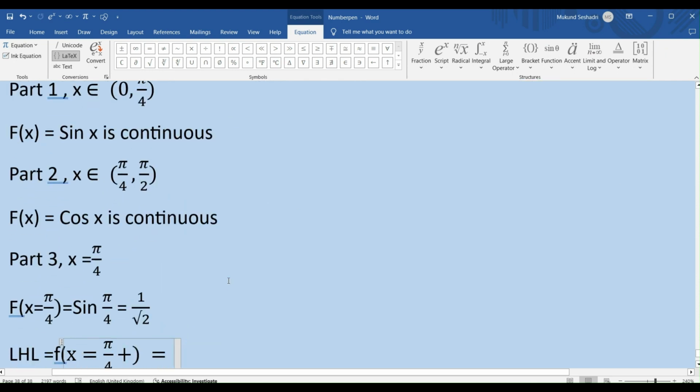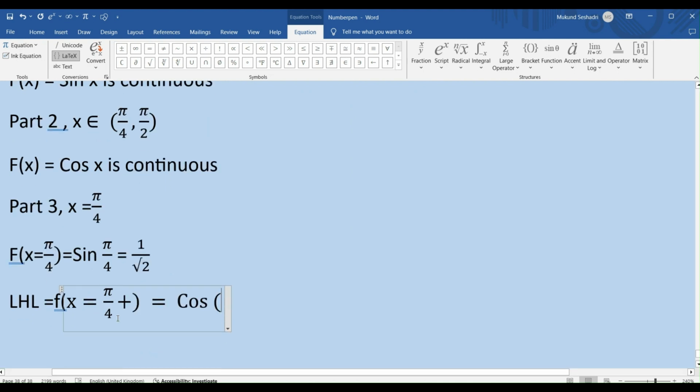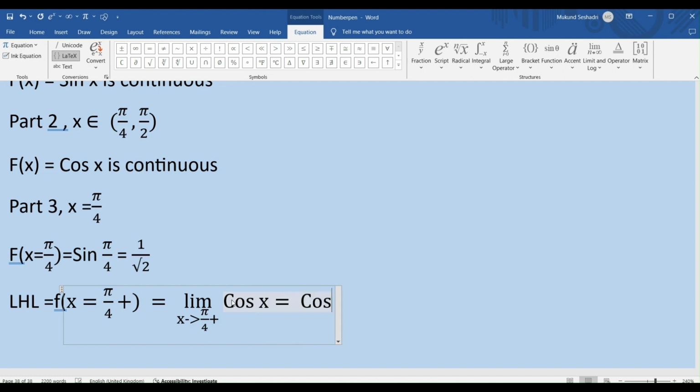So the limit as x approaches pi by 4 from the right-hand side of cos x means I have cos of (pi by 4 plus h), with h being infinitesimal.